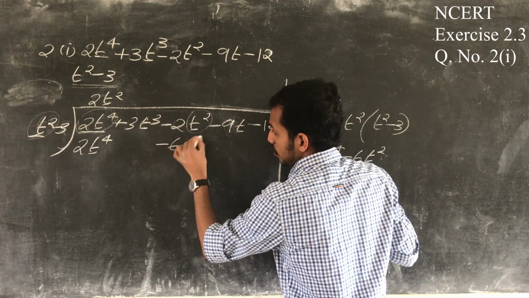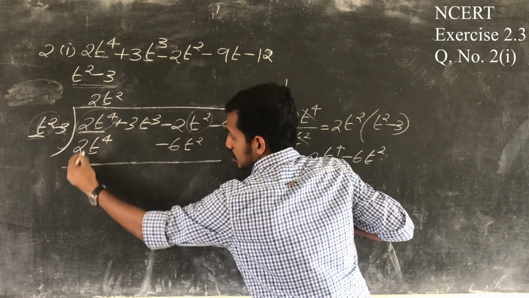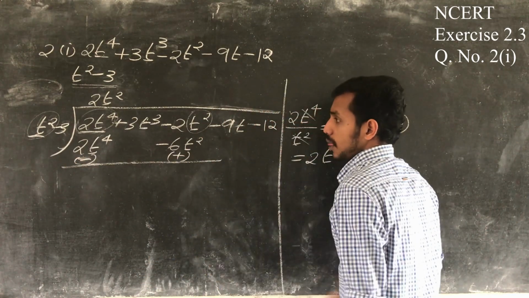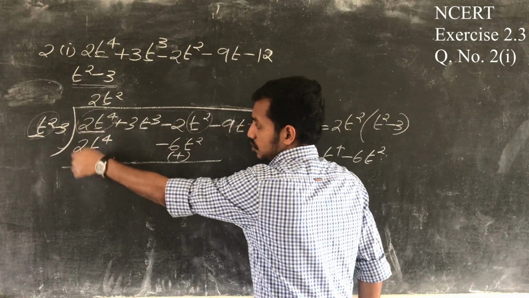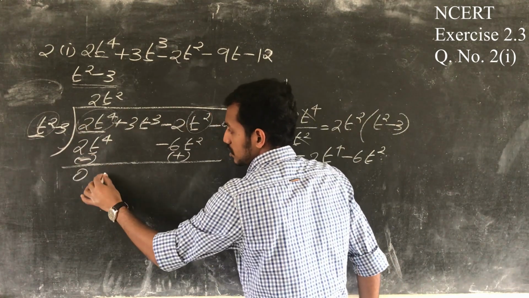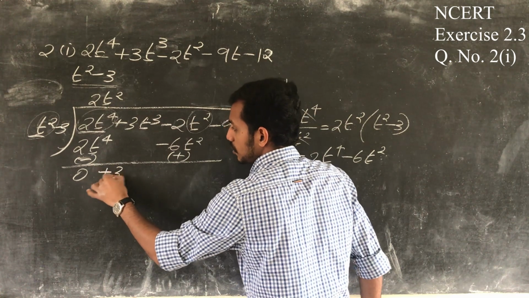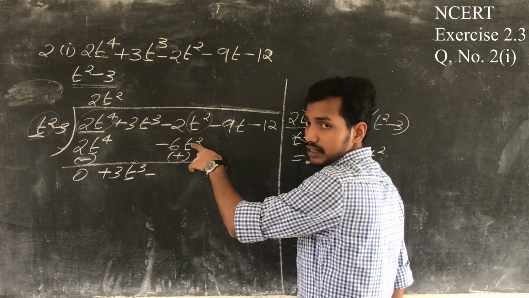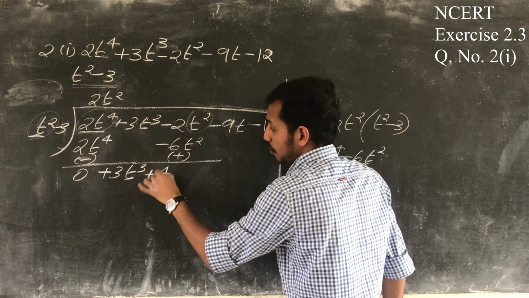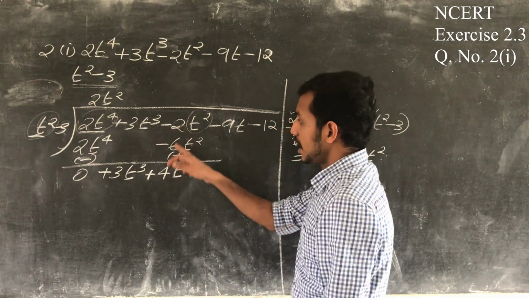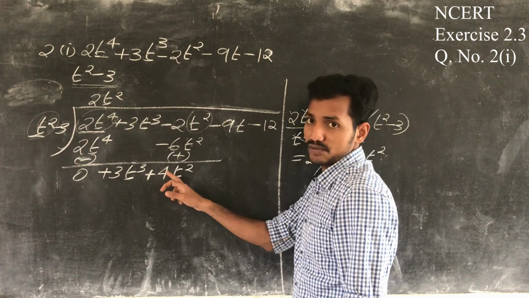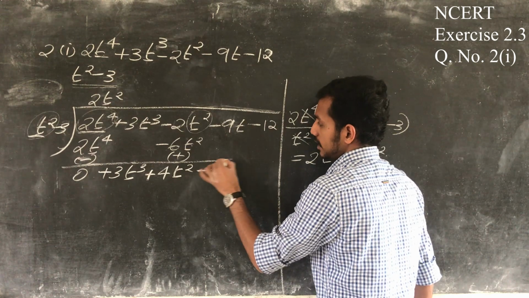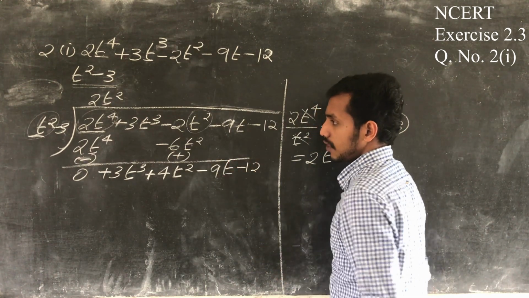Change the sign, this will be minus and this will be plus. 2t raised to 4 minus 2t raised to 4 is 0, and plus 3t cube will be 3t cube, minus 2t square plus 6t square will be plus 4t square, and the remaining terms minus 9t and minus 12.